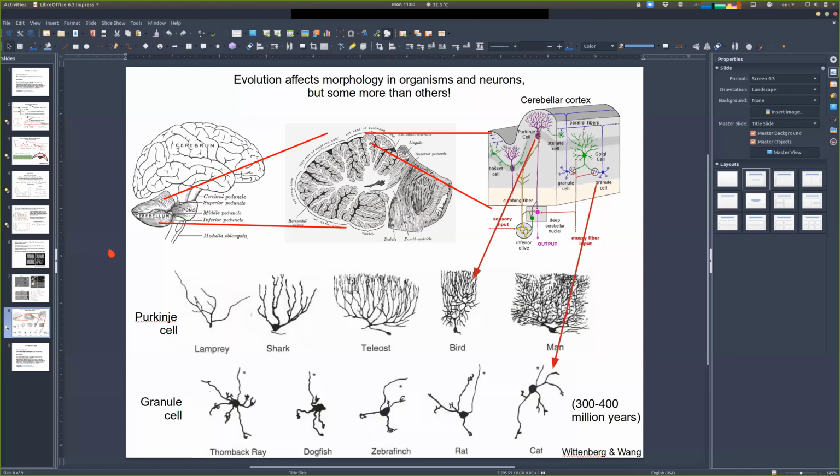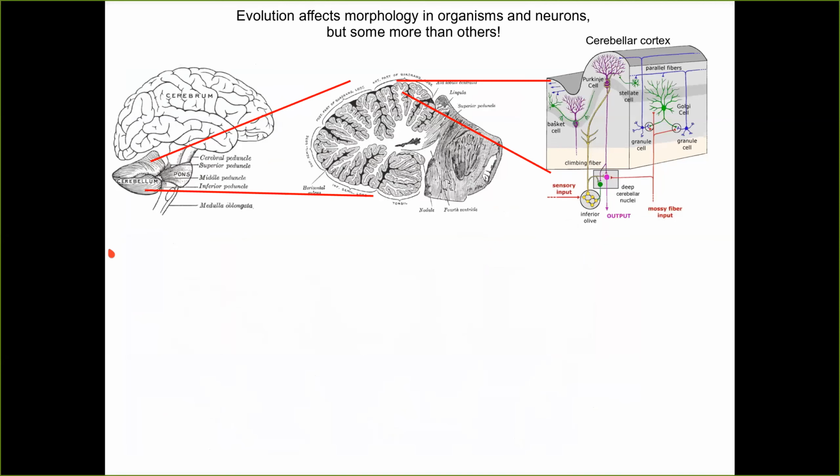The idea that I like very much is that the basic circuit that describes the cerebellum is relatively well conserved across vertebrates. It's very nice and regular. If we look at the morphology of individual cell types, this contains a certain number of cell types.